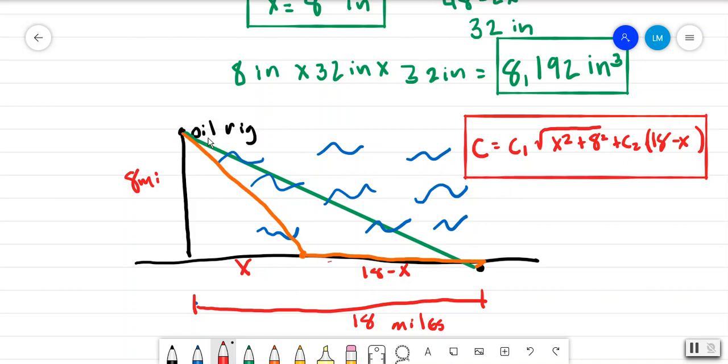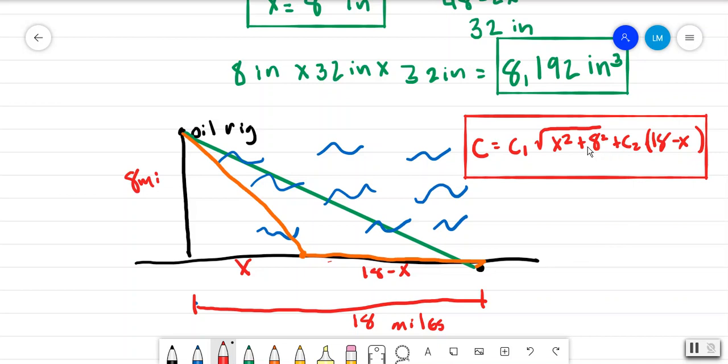Definitely, if you do a direct pipeline, it's going to be more expensive. If you do a taxi cab route, down and to the right, it's still a little bit expensive. But if you find a combination of underwater and onshore, then that's going to work out nicely.